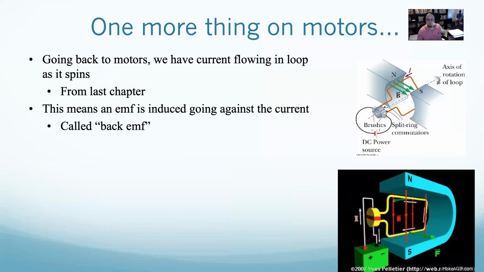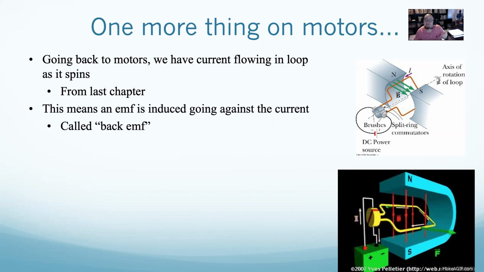Let's actually look at it with the motor. I have my motor set up below, with a split ring commutator, so it's always pushing in the same direction. When I make that motor, I put in current. By putting in the current, I give it an EMF, I give it a voltage. By giving it that voltage, it causes that ring to spin.